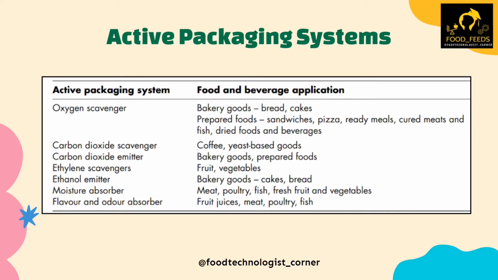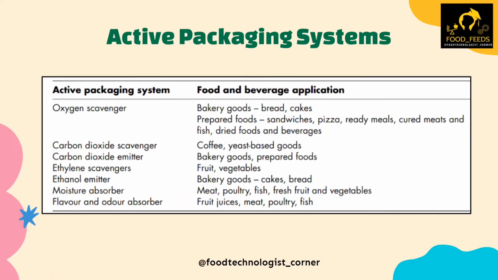Similarly, in the next column, carbon dioxide scavenger is used in coffee and yeast-based goods, whereas the presence of carbon dioxide will enhance some factors in bakery goods and prepared foods. Similarly, ethylene scavenger is used in fruits and vegetables. Ethanol emitters are required in bakery goods like cake and bread. Moisture absorber in meat, poultry, fish, fresh fruits and vegetables. Flavor and odor absorber in fruit juices, meat, poultry, fish.